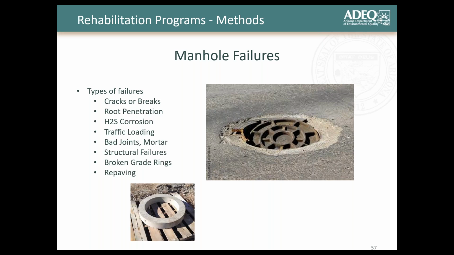The types of failures include cracks or breaks, root penetration, H2S corrosion, right? Especially on those rungs and ladders inside the manhole structures. Heavy traffic areas could definitely affect the performance of your manhole structure. Bad joints or mortar, other structural failures, broken grade rings.